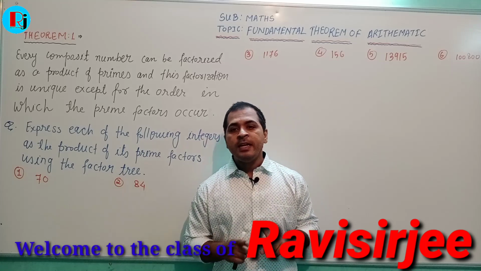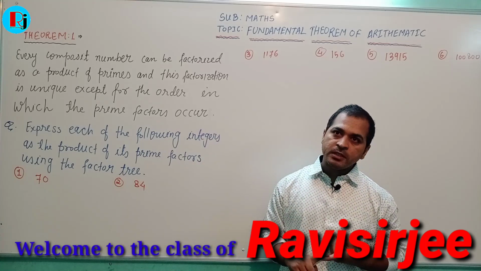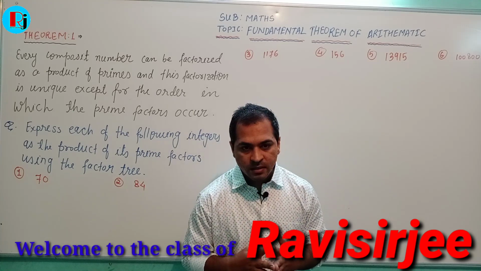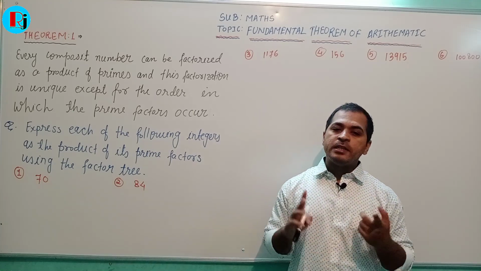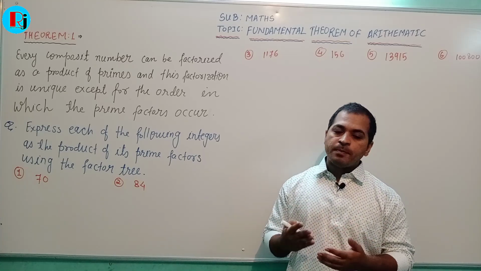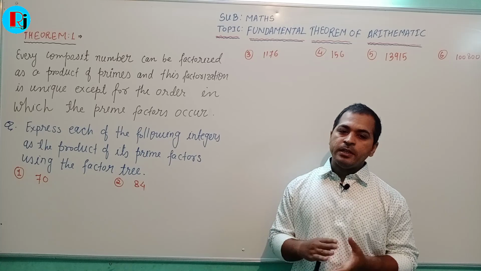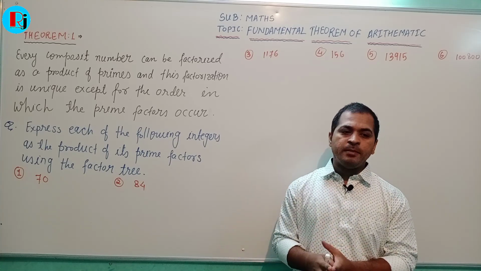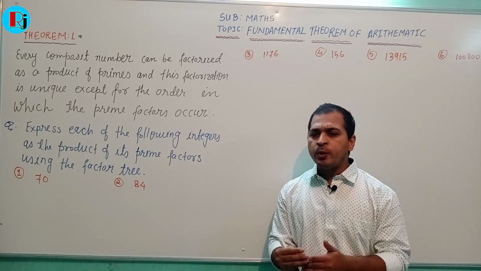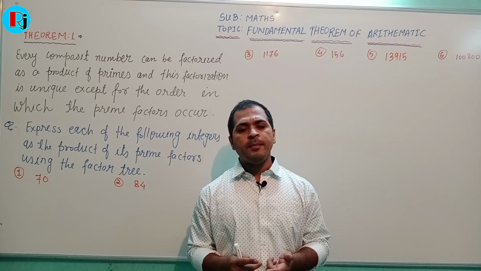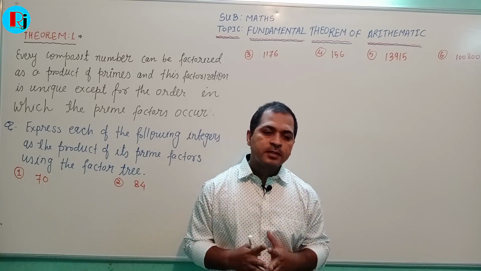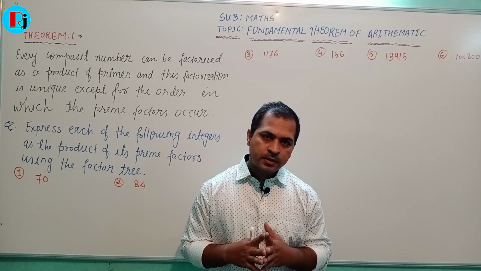If a given integer is composite, it can be written as a product of its factors. These factors are also either prime or composite. If these composite factors can be split further, and we keep doing this factorization, we ultimately arrive at a stage when all the factors are prime numbers.